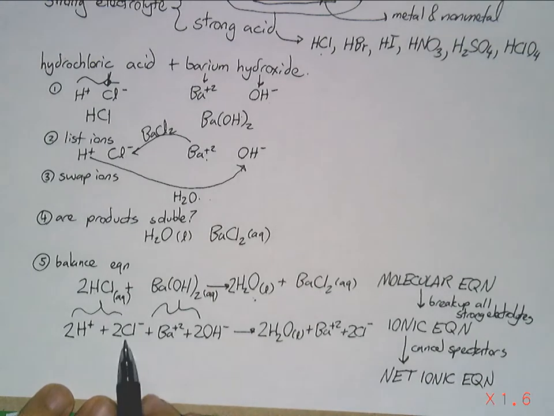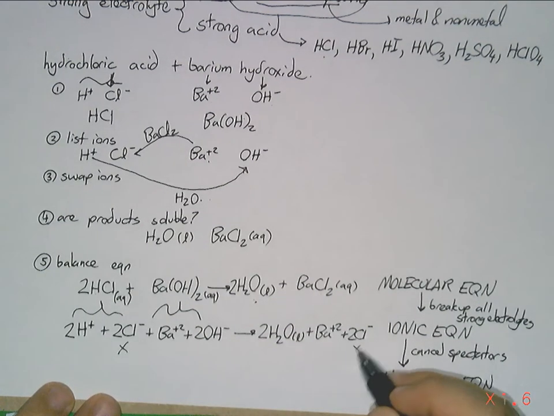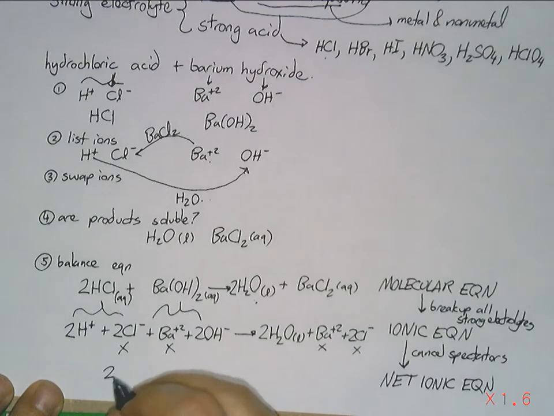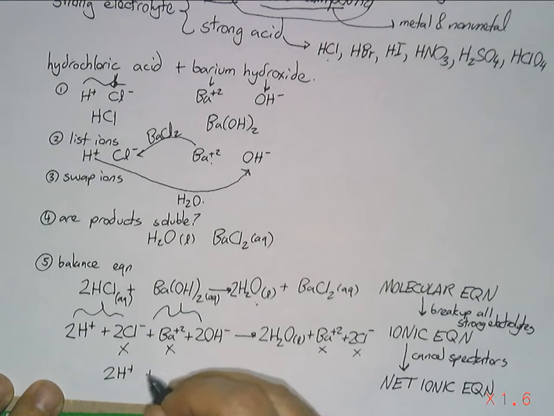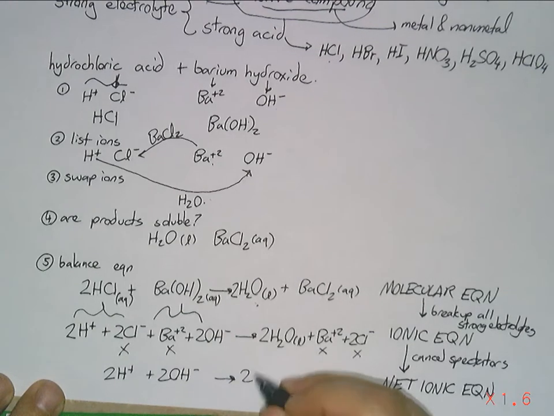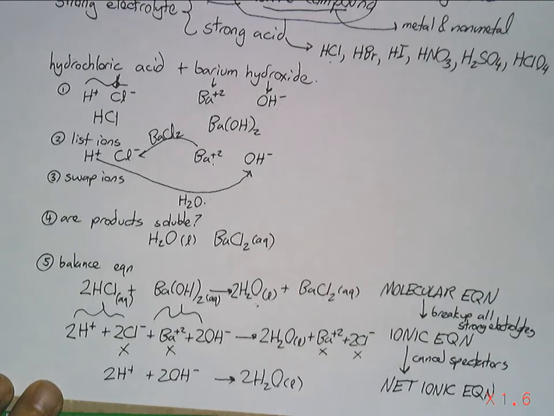So the spectator ions, the ones that are the same on both sides, are the chloride and the barium. So if I write it like this, that's one form of the net ionic equation.